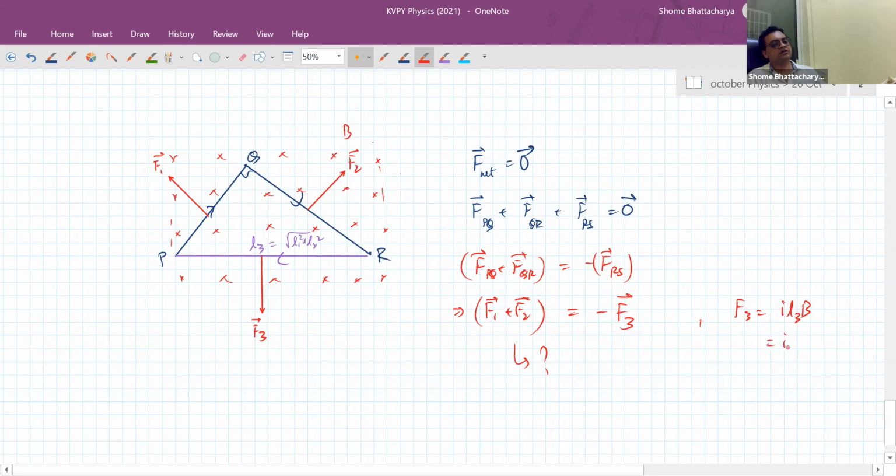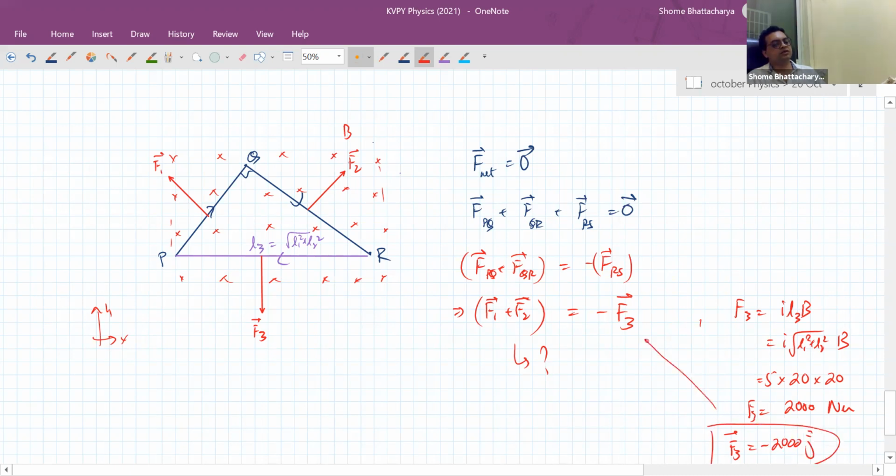And F3 we can see has a magnitude of I L3 B. So that is 5 amperes into 20 meters into 20 Tesla. That's 2000 newtons. And the direction of F3 is downwards. So you can see it is minus 2000 j cap.